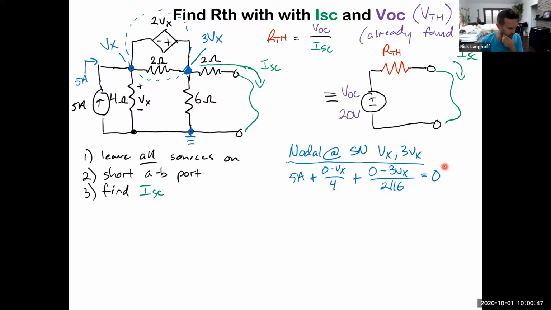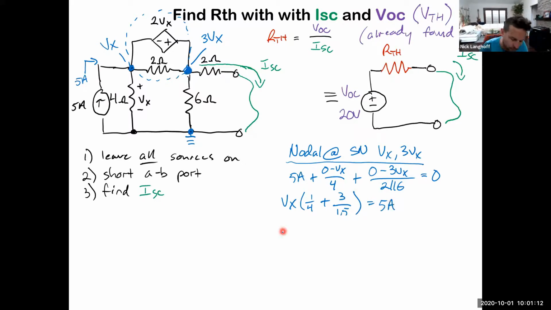If you then isolate for Vx and move the Vx terms onto the other side, you'll get Vx times a quarter plus 3Vx times 1 over 1.5, since 2 ohms in parallel with 6 ohms ends up being 1.5 ohms, is equal to 5 amps.